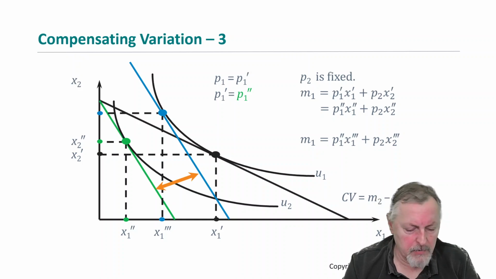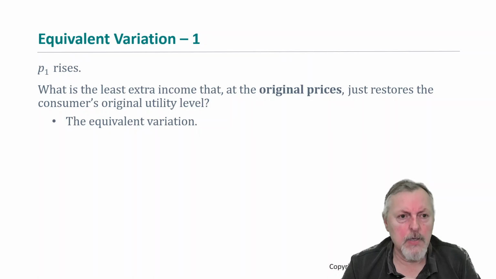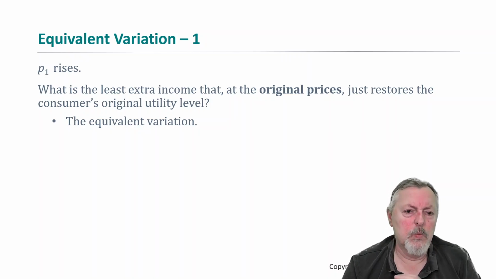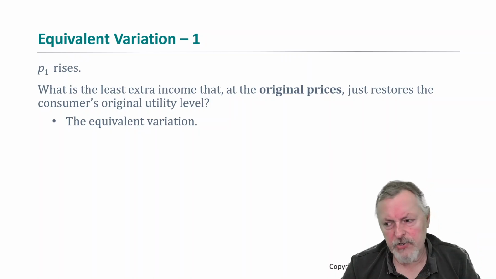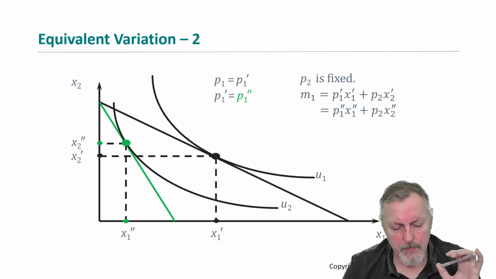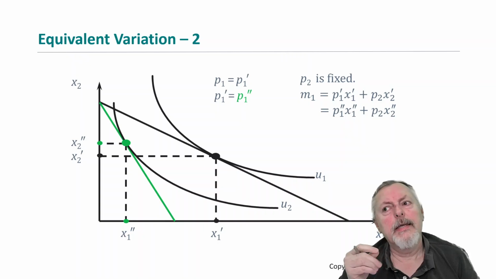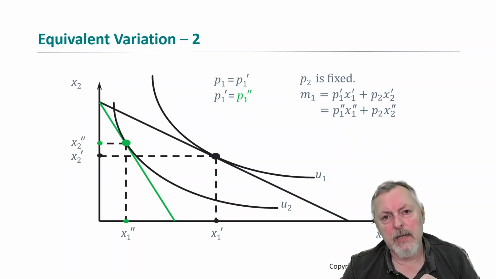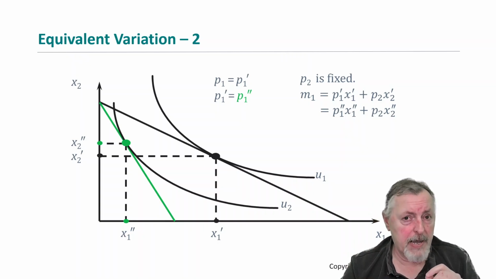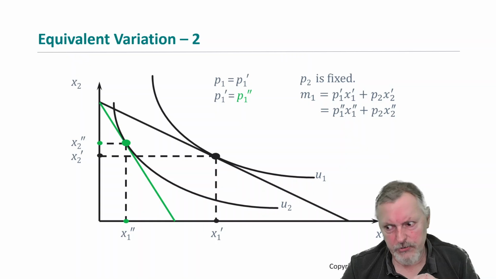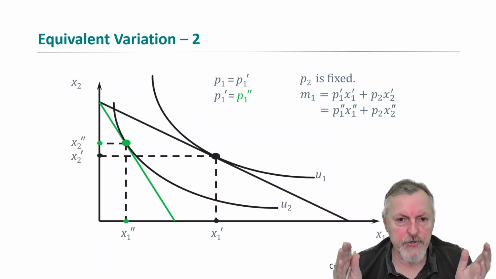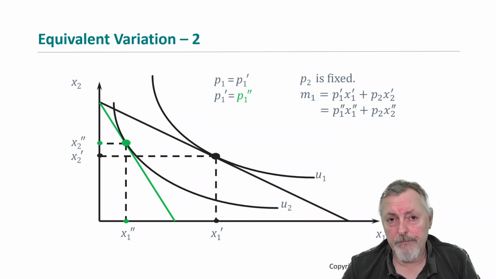There's another way to think of it, called equivalent variation. Equivalent variation is asking how much money, essentially, would you be willing to pay to avoid the price change? The difference between the two is which set of prices are you going to have to live with?